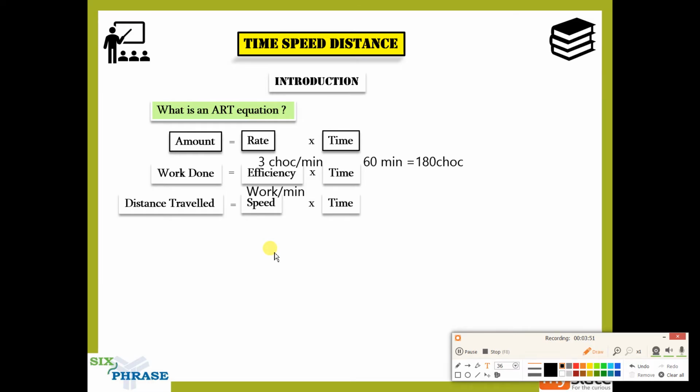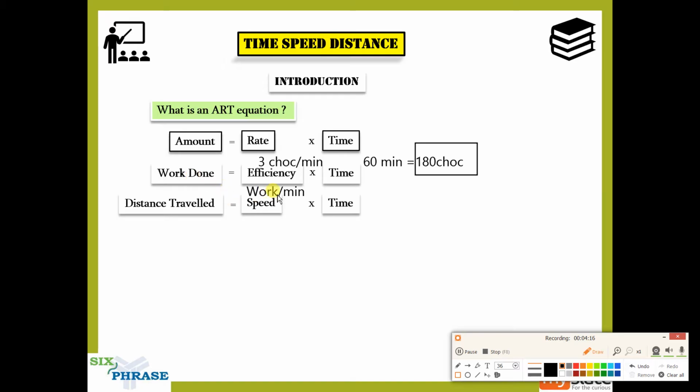So efficiency will be work per a time period. You multiply them and you get 180 chocolates. What do you think this 180 chocolates is? This is the total work done. The 180 chocolates that he is eating is the work done by the child here.